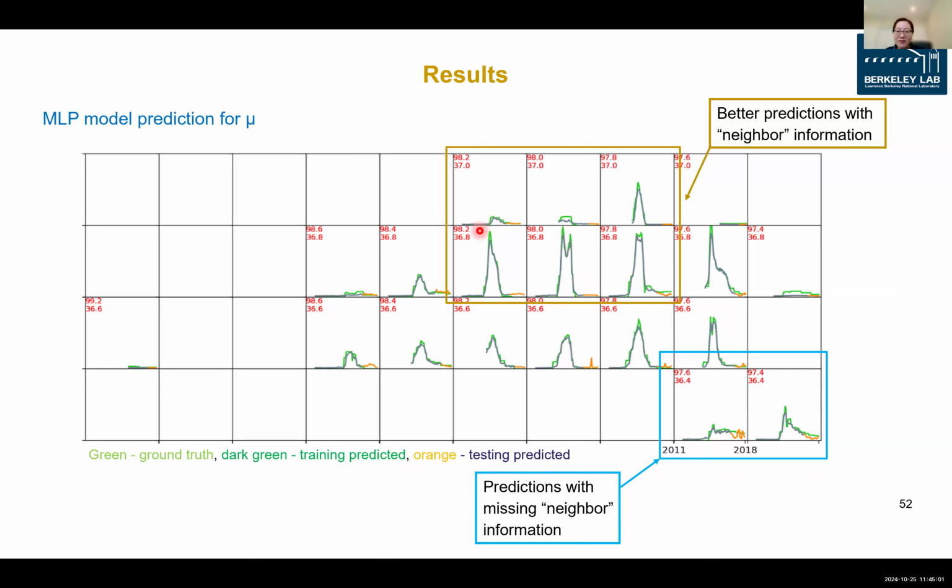We see that in space and time, if we use neighbors, for example in this area where there is enough neighbor information, meaning that fault locations and hydromechanical responses associated with faults are considered, this results in better predictions of the induced seismic rate. But in these areas, where there is a lack of neighbor information, the prediction was not so good. There's a large deviation from the ground truth.